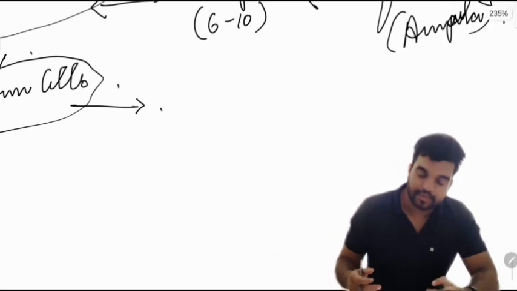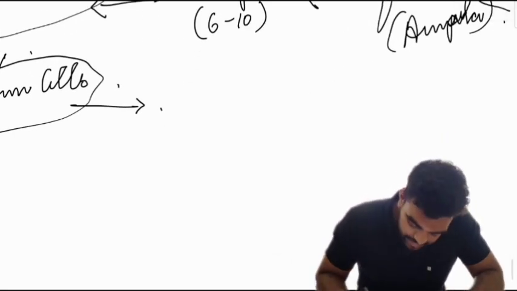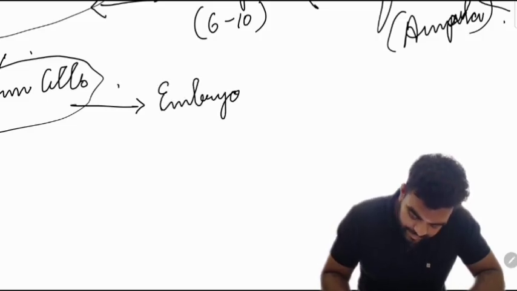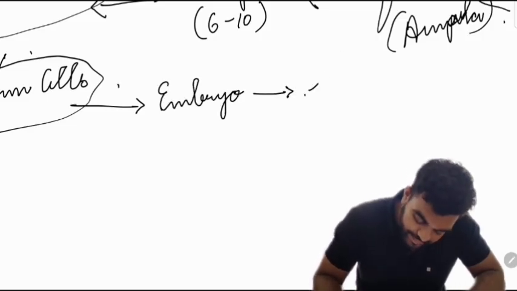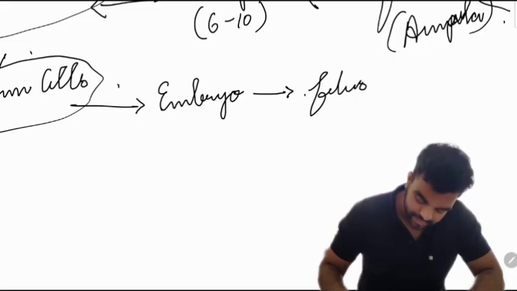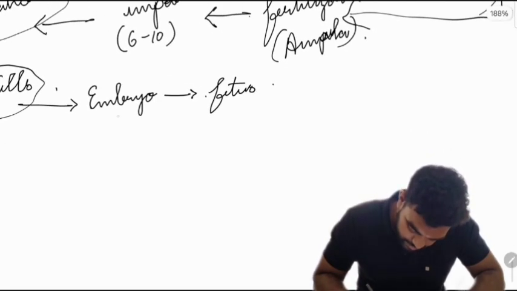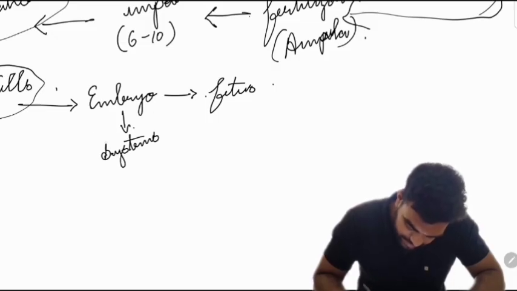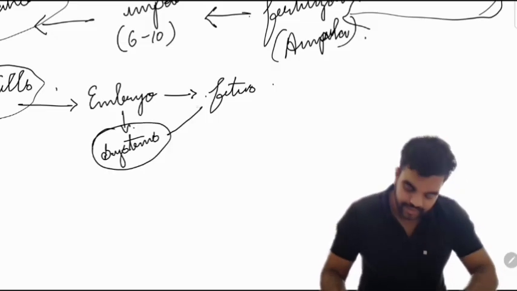After the formation of germ layers, the embryo will start developing into a full-grown fetus. The embryo will form the systems and differentiate into one particular fetus.